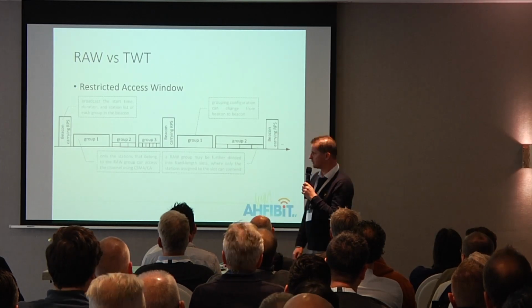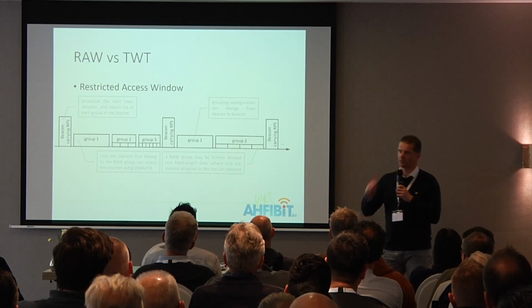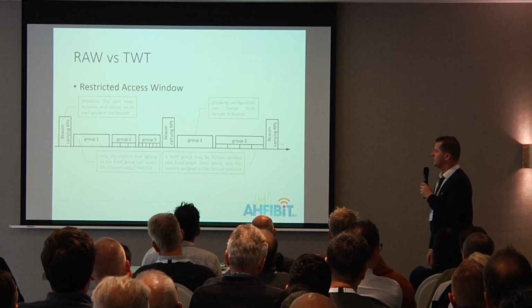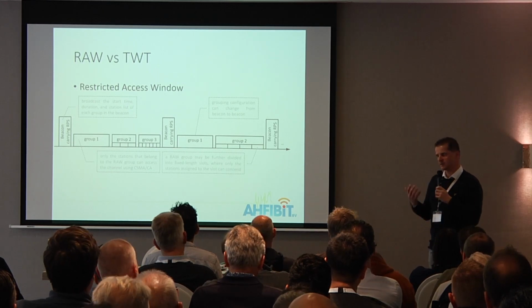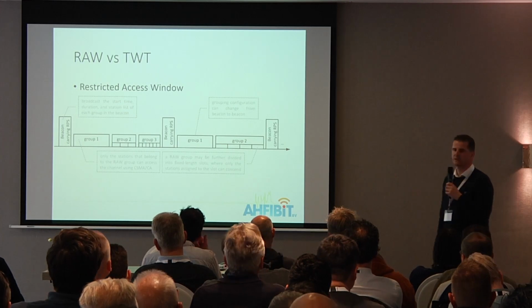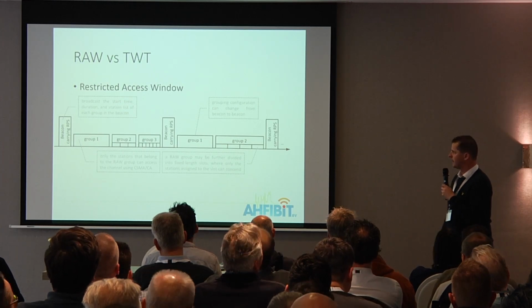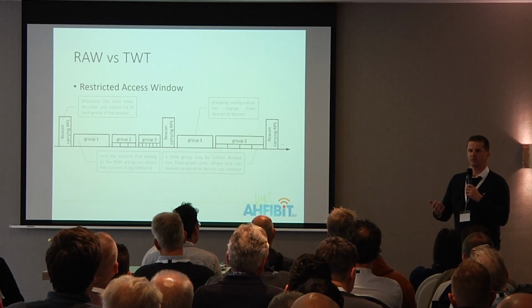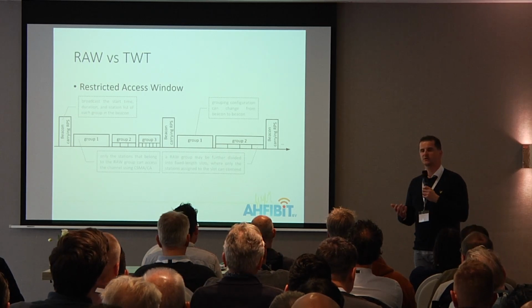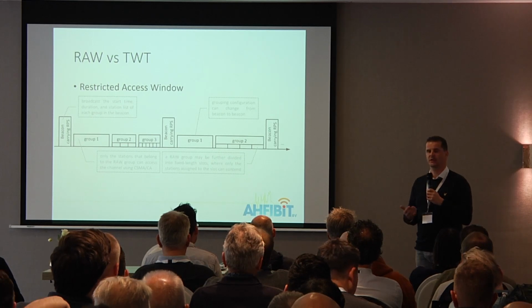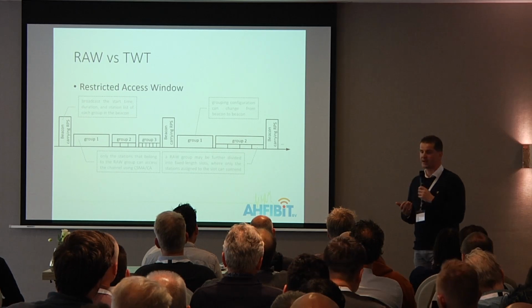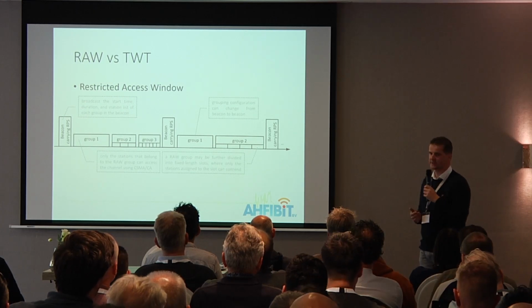Now the one thing I was looking for, which got my interest after the WLAN repeater, target wake time, right? That was the general idea for my investigation into Halow. And you should be able to see the restricted access window, where you can have up to 8,192 client stations per AP. So how are they going to manage that? They can use the restricted access window.